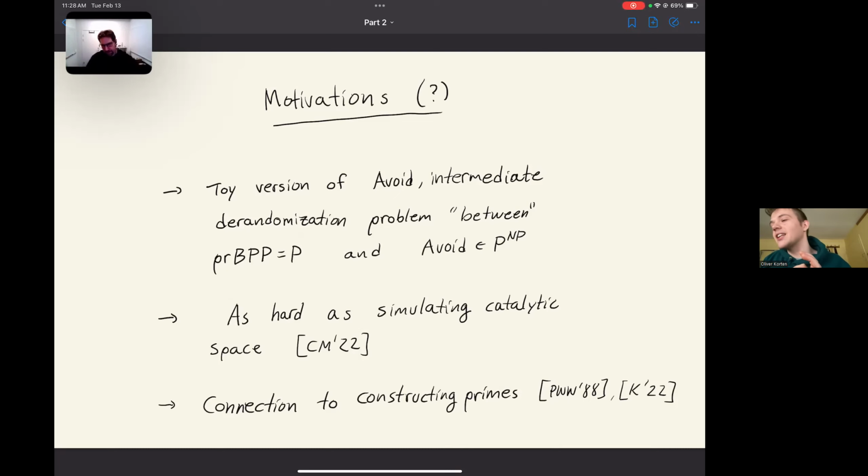And another one is that there's some weak connection to constructing primes, which is another open problem in explicit constructions. But maybe the strongest last motivation is what I think Scott brought up in the previous half: ideally, for these explicit construction problems, we can go from a completely non-constructive proof all the way to an explicit construction.